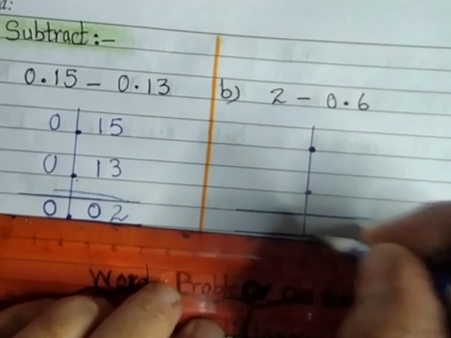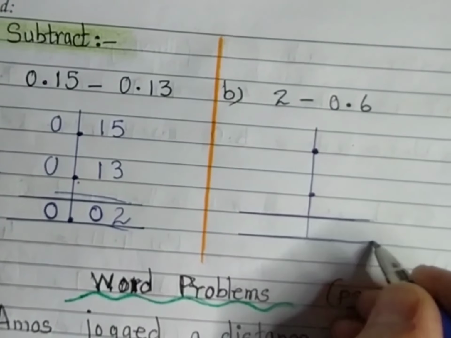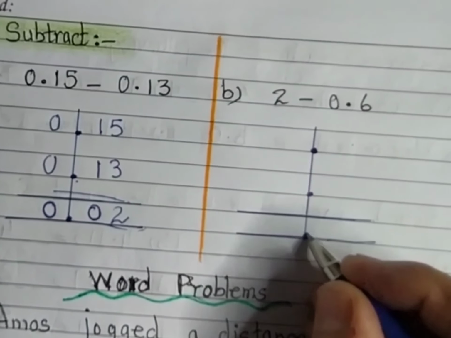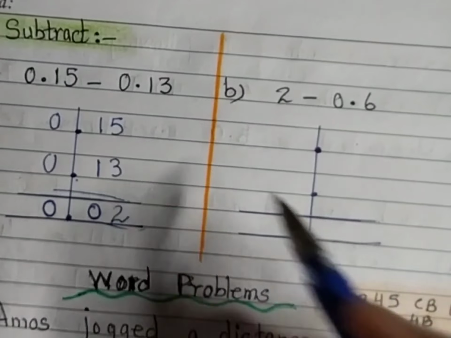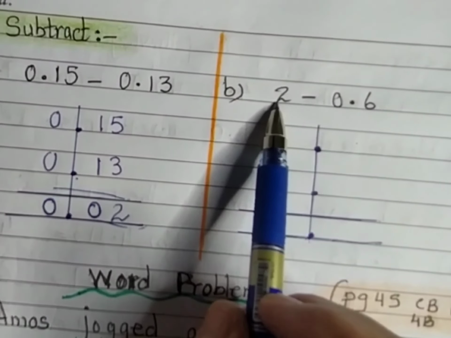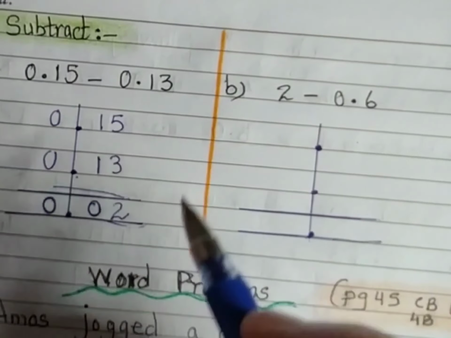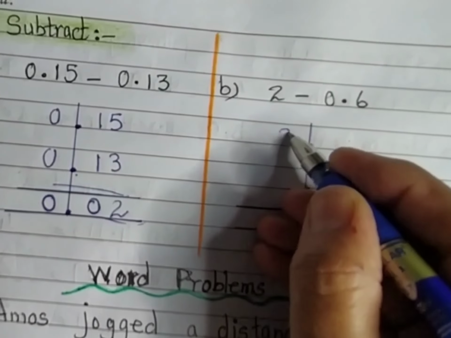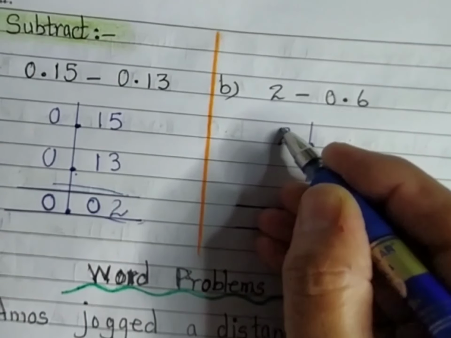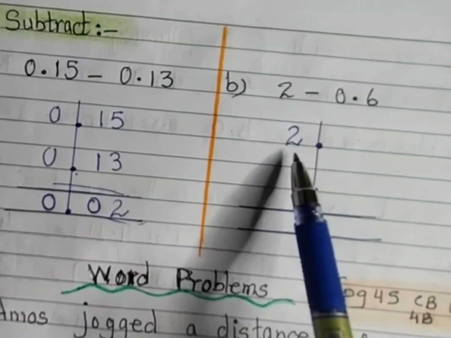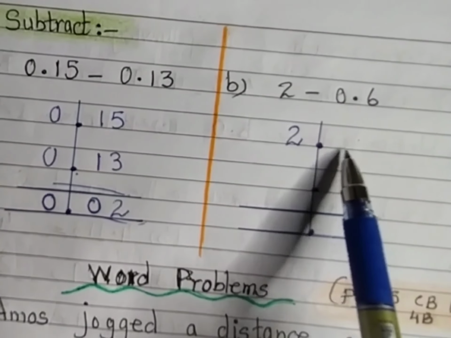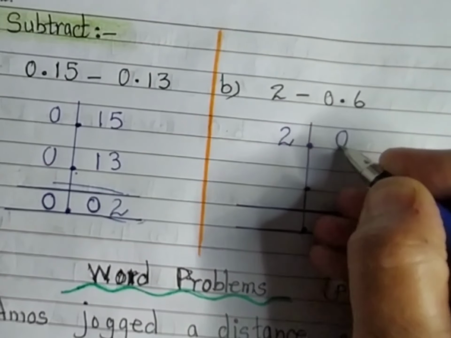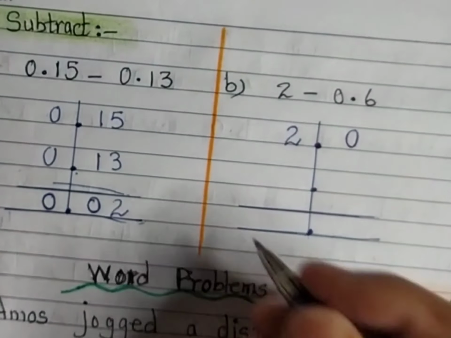Okay, so I have done it like this, and I'm just going to add a decimal point in the end too. You have a whole number here, there's no point here. Where do you think your whole number should stand? Yeah, before the decimal point. So I'm going to write a 2 here. When there is no figure in front of this, what do you think you should write here? A 0. Good.